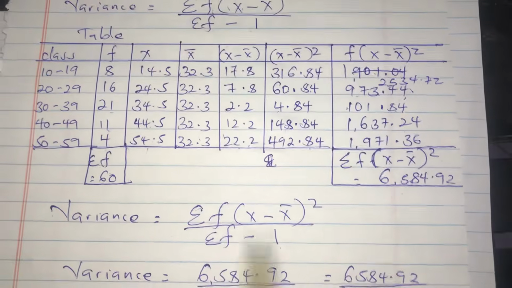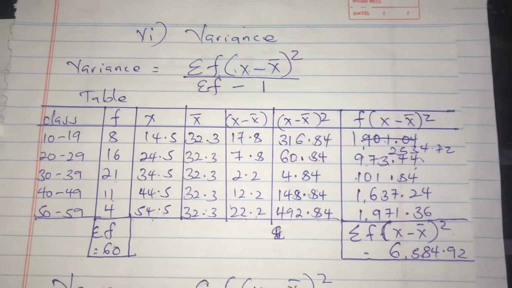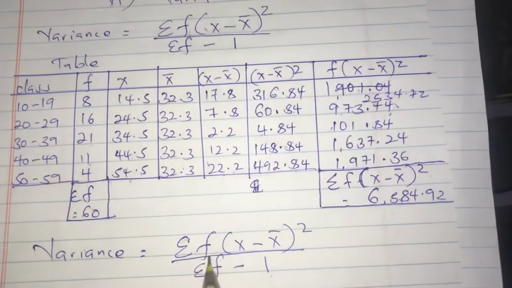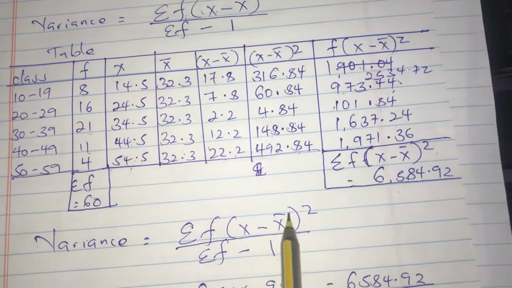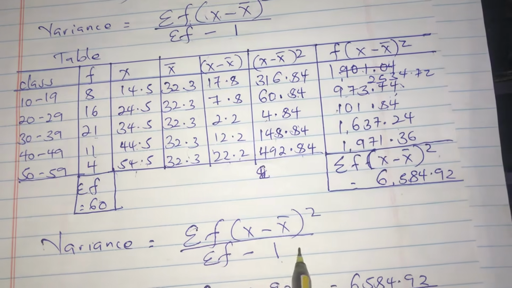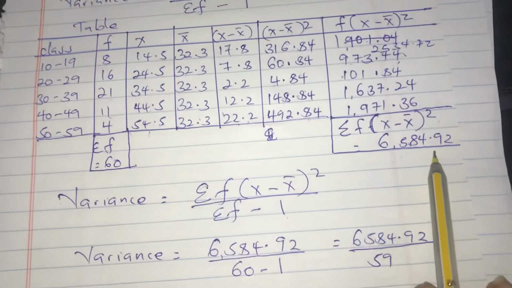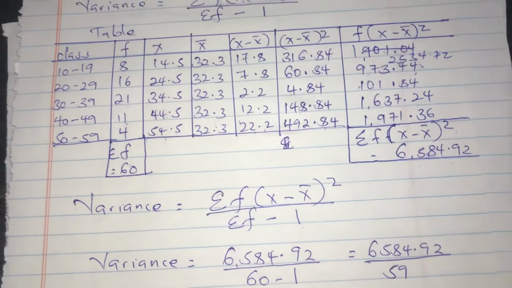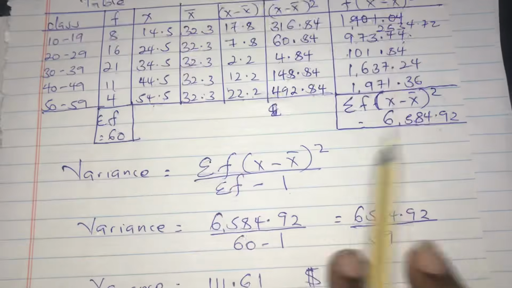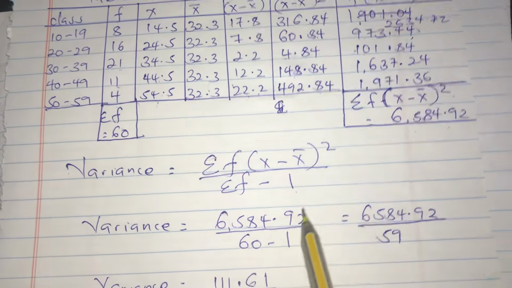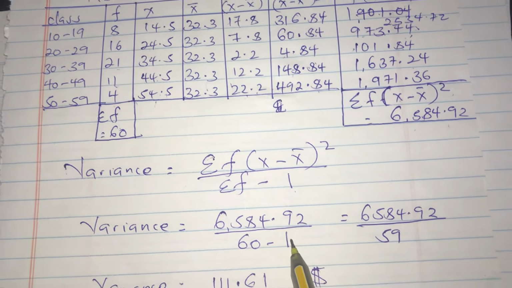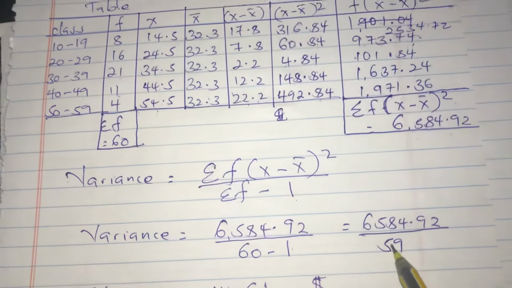Then for variance, we substitute in our formula. We said it is summation f x minus x bar squared out of summation f minus 1. This is the summation. It may change a bit because of some error. Then out of 60 minus 1, it becomes 59.